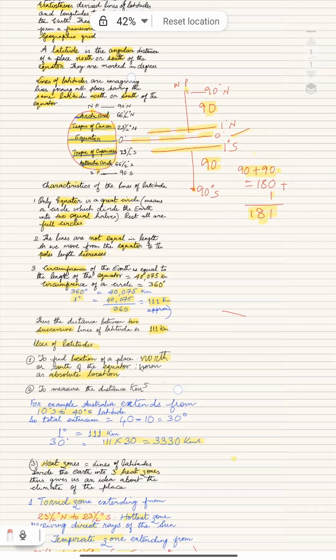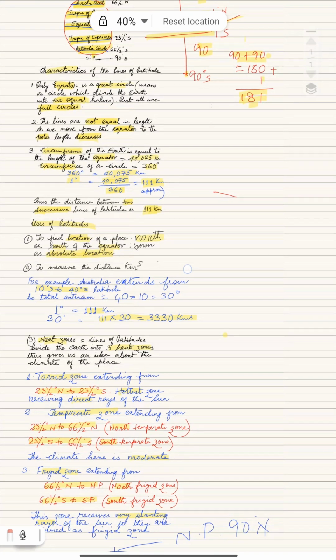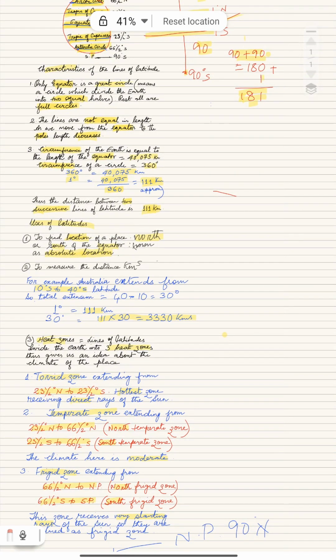Third, circumference of the earth is equal to the length of the equator, and how much it is? 40,075 kilometers. Circumference of a circle is 360 degree. Now 360 degree is equal to 40,075 kilometers.